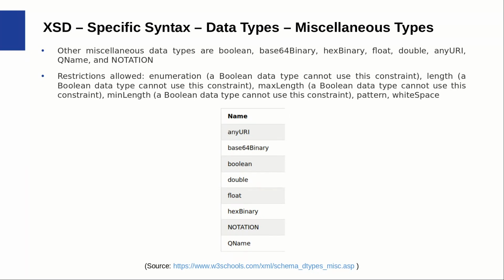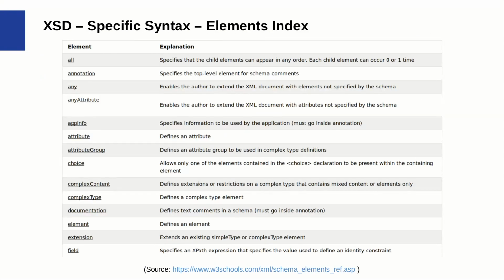And with this, we conclude the specific syntax from the XSD topic, but I still want to show you two other lists which I also took from W3Schools for consultation, which are the elements index. It's an index with all existing elements available at the default W3C namespace.